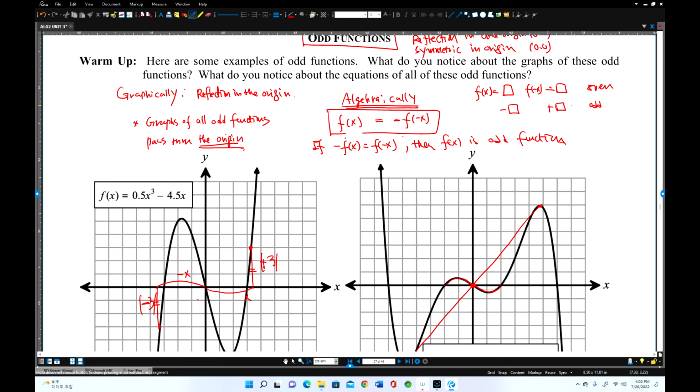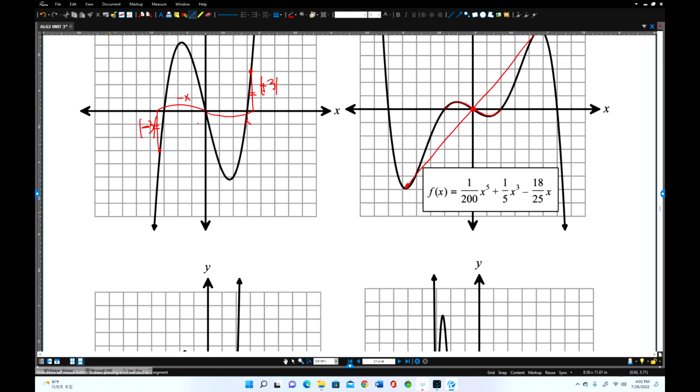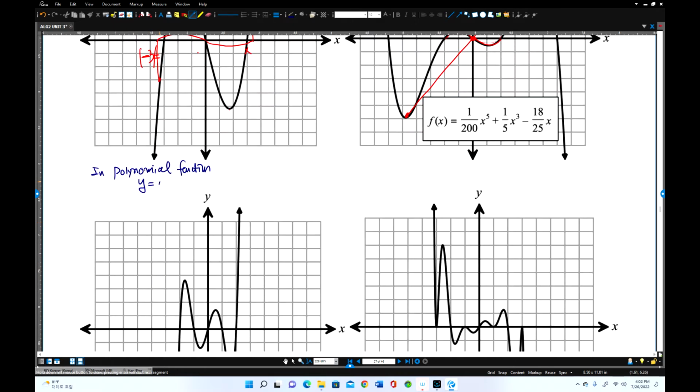Also, in polynomial functions, if we have, I'm going to use y, okay? You can use f of x, but I'm going to use y. This y equals x, x to the 1. If this exponent is an odd number, always what?